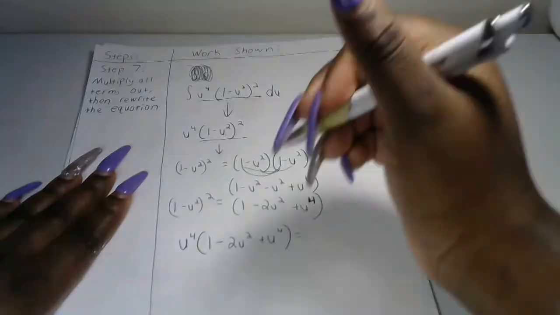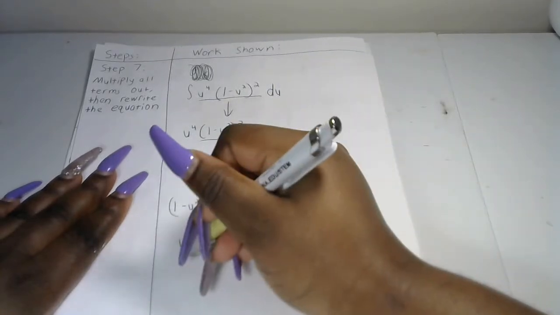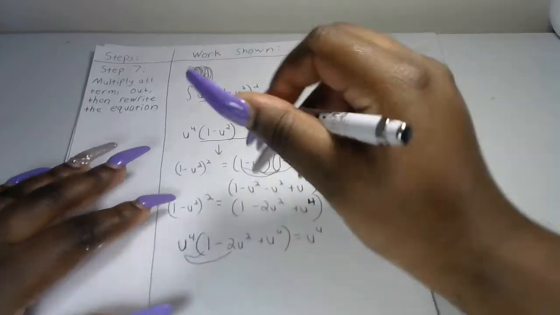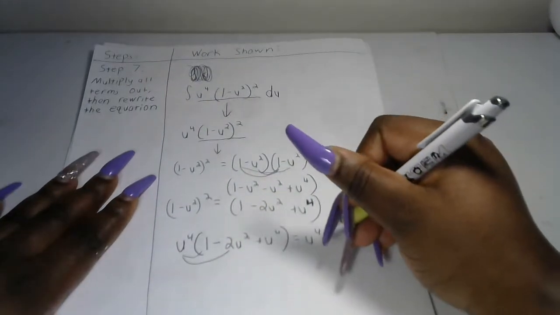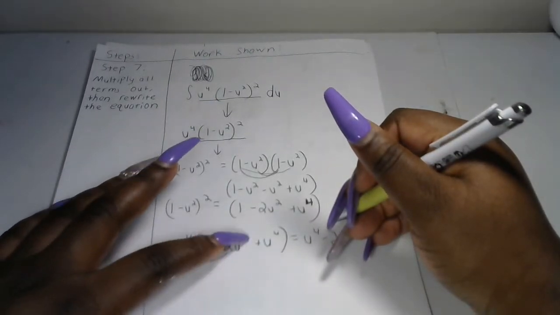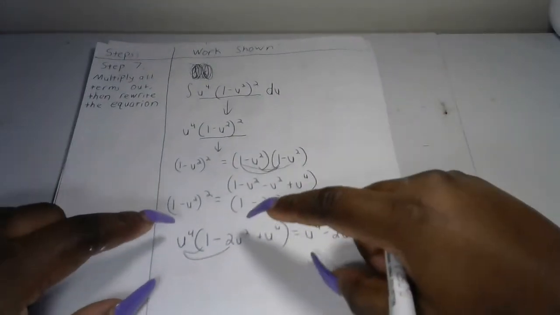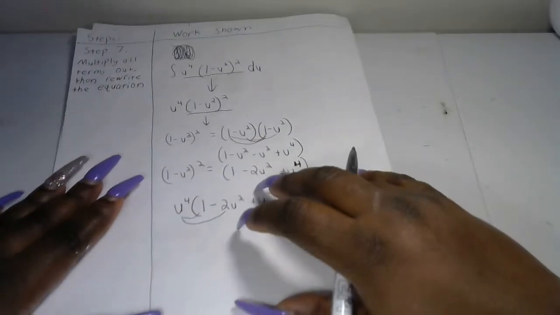That is equal to, let's distribute it all out, u to the fourth. Then 1 times negative 2 is negative 2, and u to the fourth times u to the second is u to the sixth. Remember rule number 1, do not do u to the eighth. I tutored so many people and they would always get that wrong.